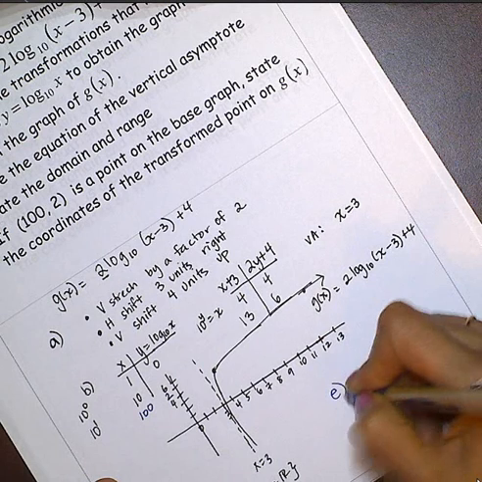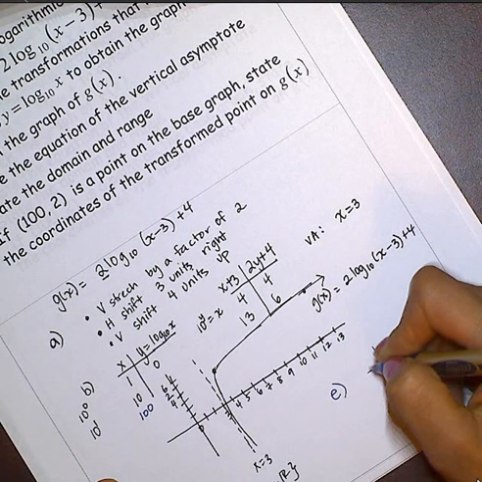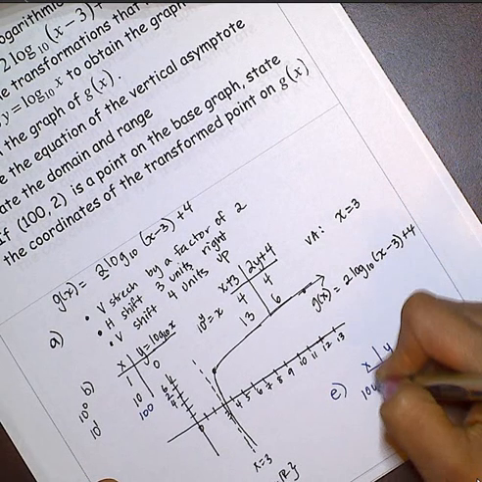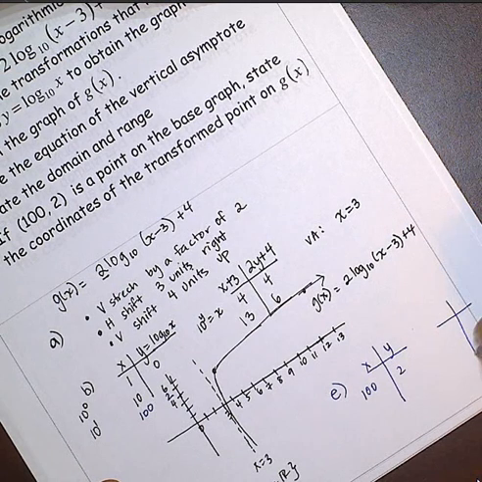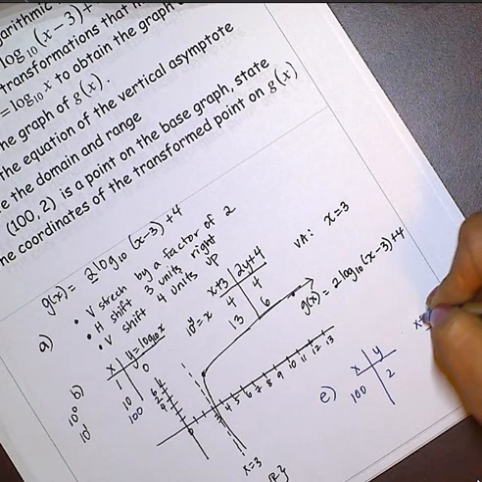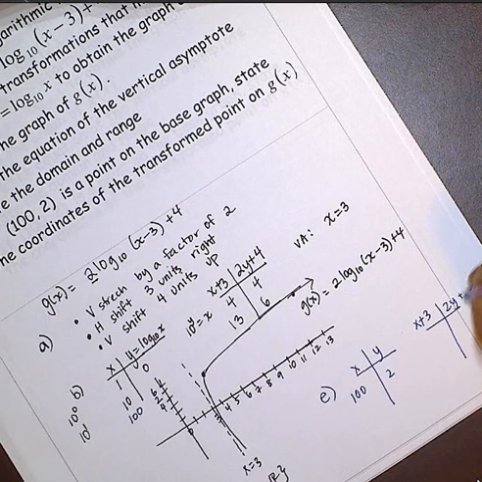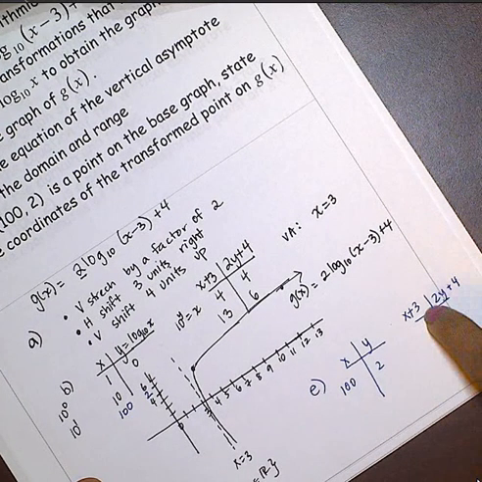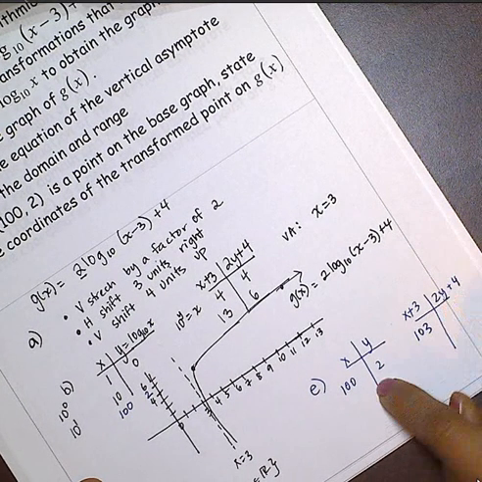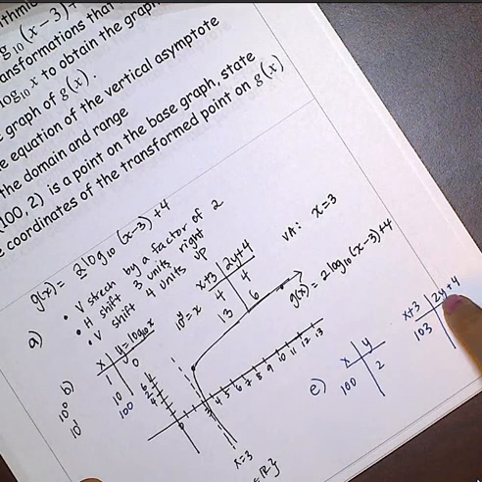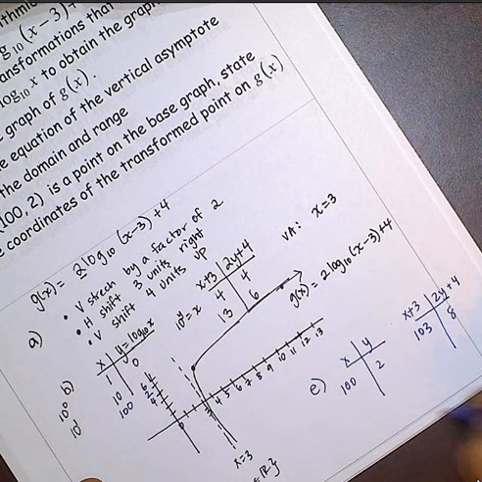I want to see what my transformed point would be: x plus 3, 2y plus 4. So 100 plus 3 is 103. 2 times 2 is 4, plus 4 is 8. So my new point is basically going to be (103, 8) once the transformations are applied. And that's it for the question. Thank you.